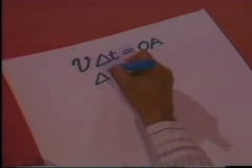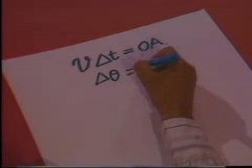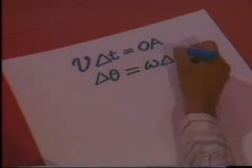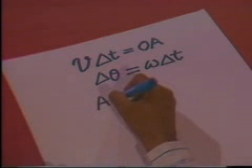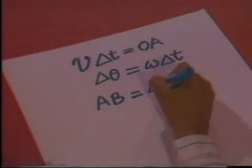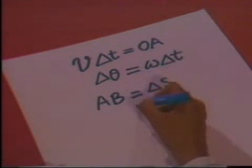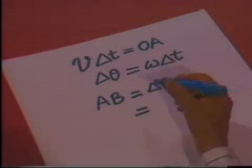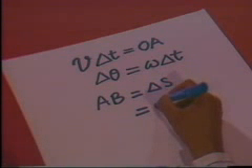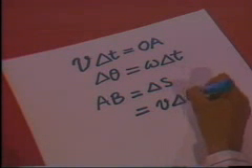And therefore AB, which we will call delta S, is equal to, according to our formula, V delta t, which is the distance OA, times delta theta, which works out to be omega V delta t squared.